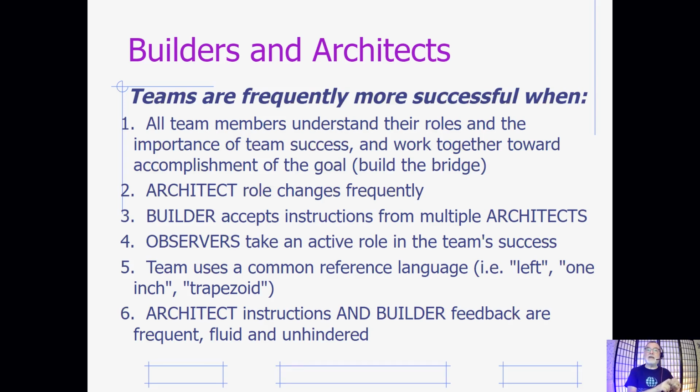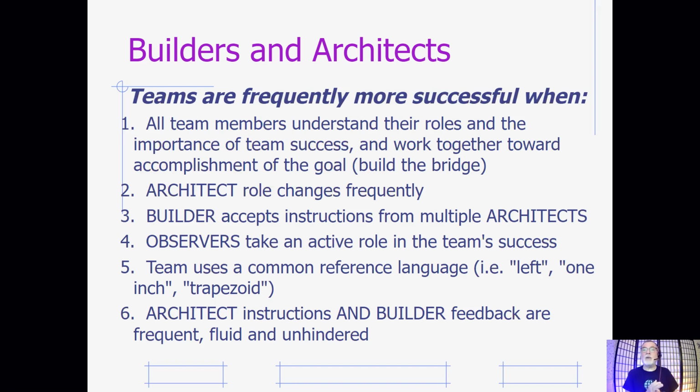We could see, and that made us more successful. Our 10-minute failure turned into a 2.5-minute success the second time we did it. So, like I said, observers had an active role. You don't just sit and watch.